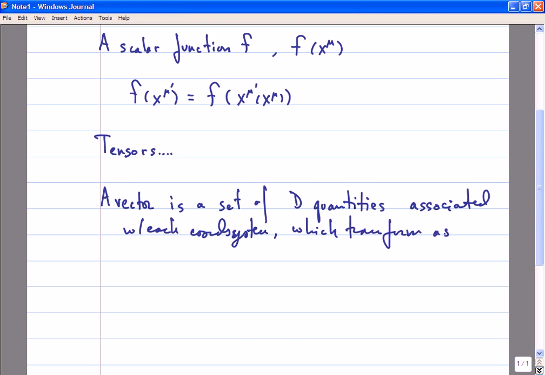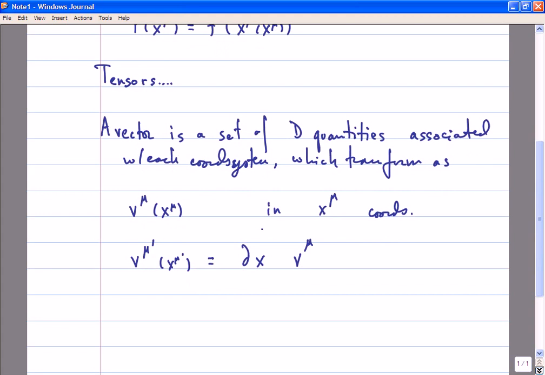So if v^μ is our vector written in the x^μ coordinates, so this is a set of four or d functions of the x^μ's, then if we want to write v in the primed coordinate system, then v^μ' as a function of the x^μ' is related to v^μ by the multiplication by the Jacobian matrix.